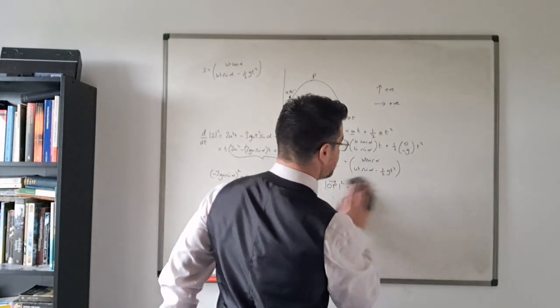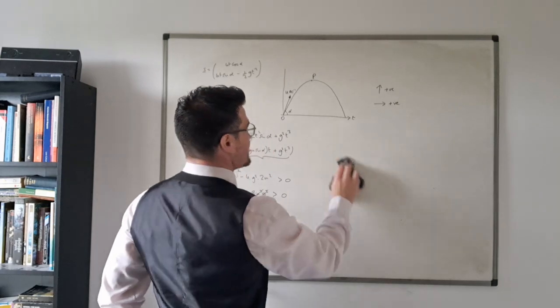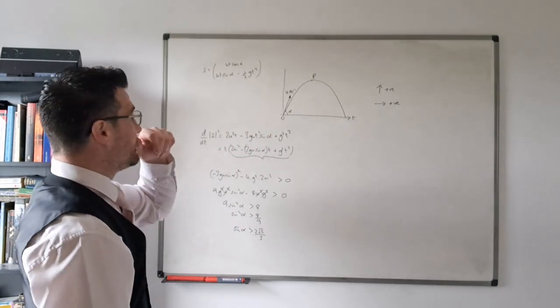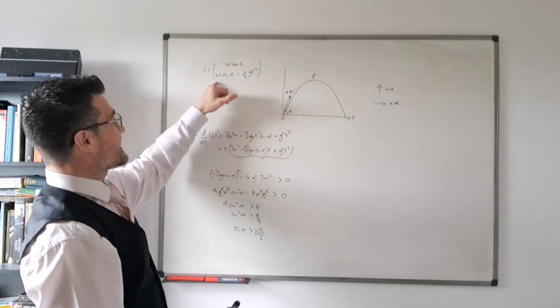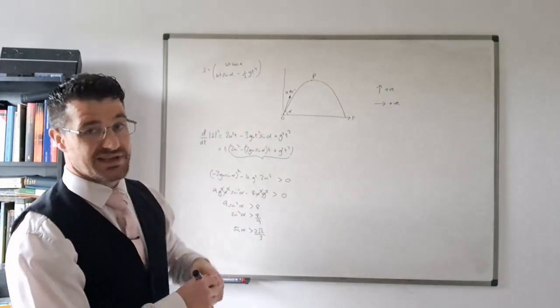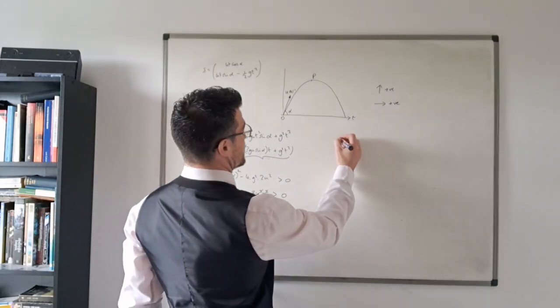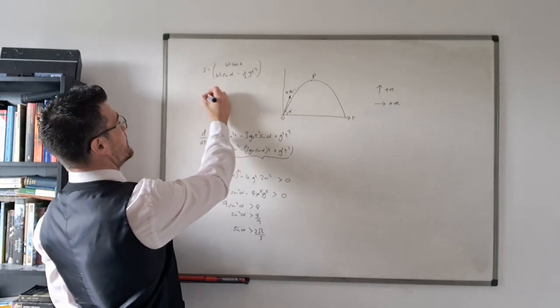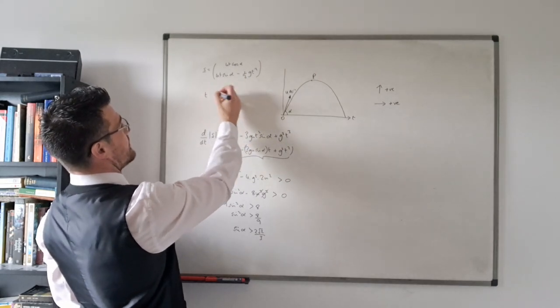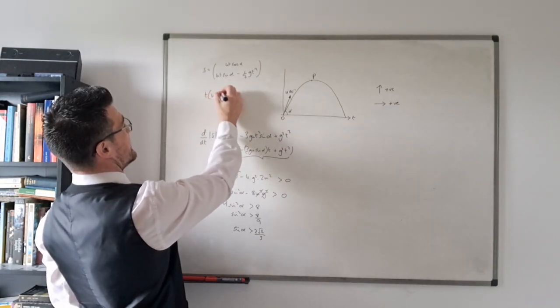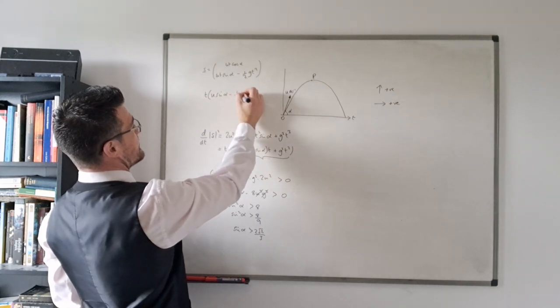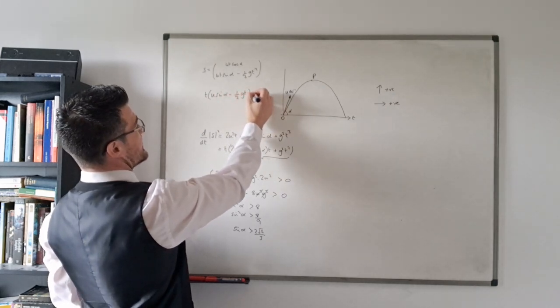Let's have a look. So when does the particle land? Well, it's going to be whenever this second component of this vector is equal to 0. So let me do it up here. I can take t out as a common factor. So t times u sine alpha minus a half gt is going to be equal to 0.